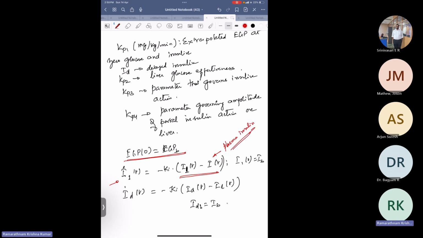So the rate of production of insulin, which we are looking at: first insulin is to be produced, but when it is produced and made available, there's a delay. So how is insulin produced? The rate at which it is produced depends upon the difference between I1 and I. That's the plasma insulin, and I1 is what is present at that point.